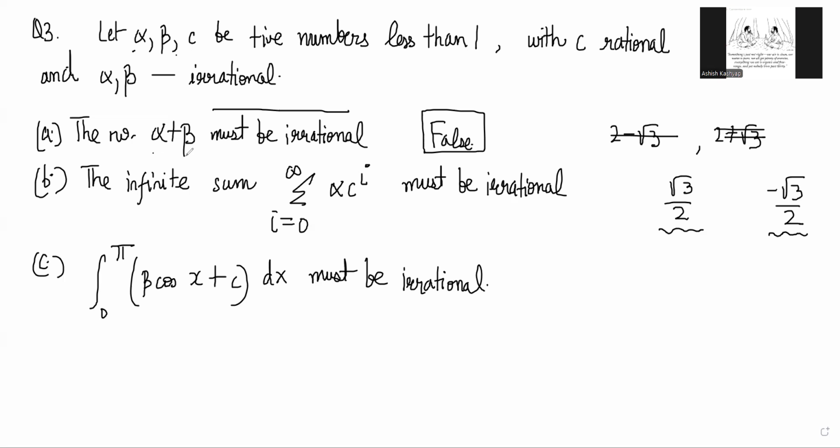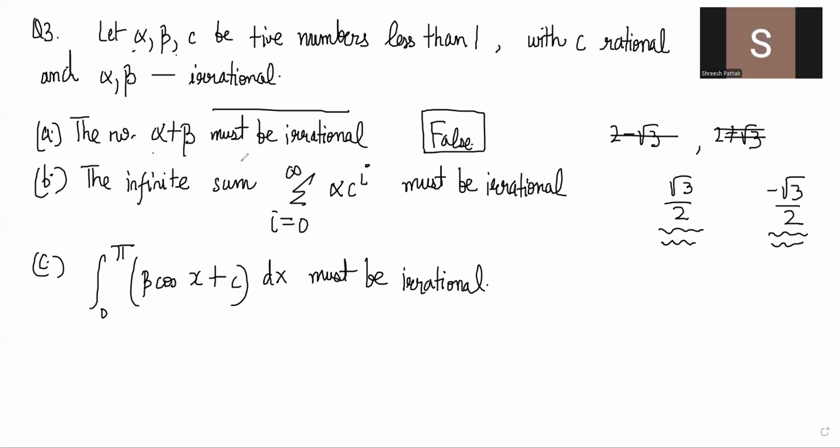Should alpha plus beta always be irrational if alpha and beta are irrational? I was not sure whether we should take alpha beta to vary or to be constant. You have to check whether this option is correct or incorrect. However you check it is up to you. Whether you want to make it a big deal and take 10 minutes to solve it, or take a simple counter example and see that it is not coming true.